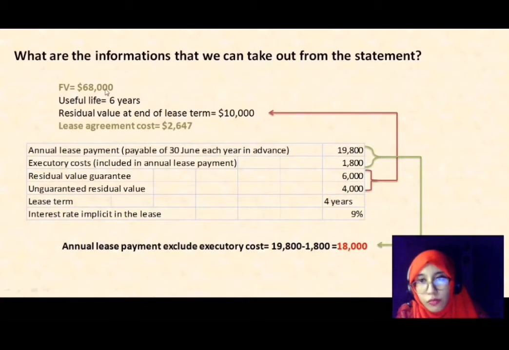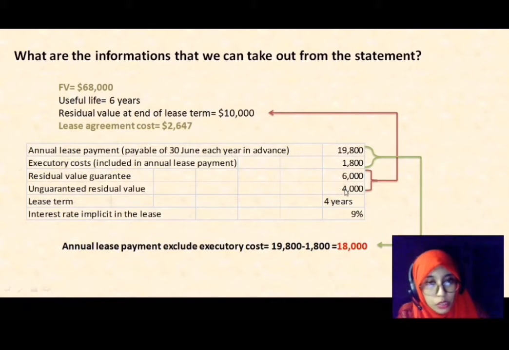So what other information can we take out from the statement? Basically we take out everything here, so we can see what is related. First of all, the residual value at the end of the lease term, 10,000. The residual value here is actually divided into two: residual value guaranteed and unguaranteed residual value. So we have 6,000 and 4,000.